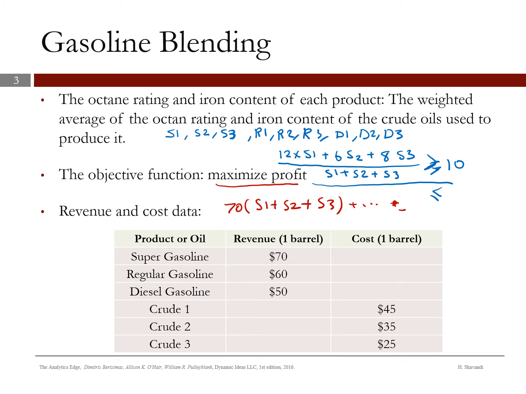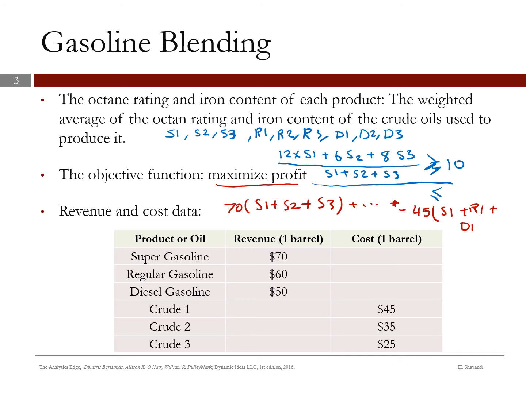For crude oil type 1, the cost of each barrel is $45. So here we would have 45 times S1, type 1 used to produce super gasoline, and then R1, type 1 crude oil to produce regular gasoline, and D1, type 1 crude oil to produce diesel gasoline.